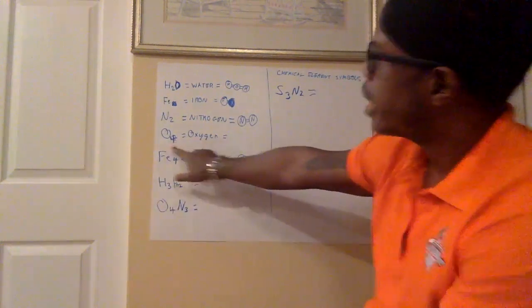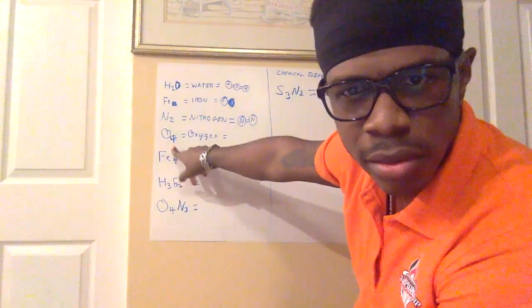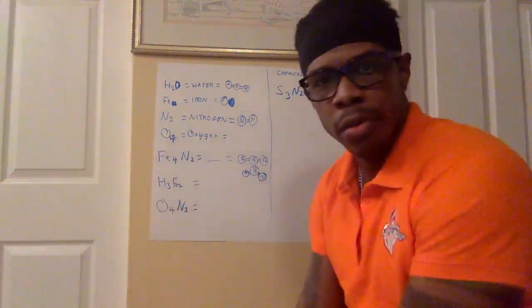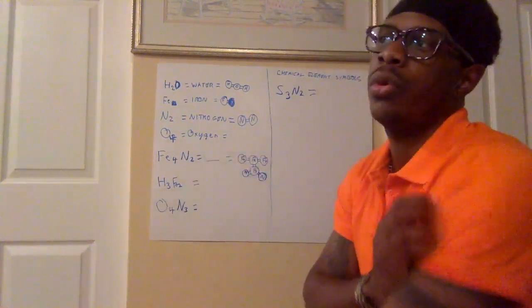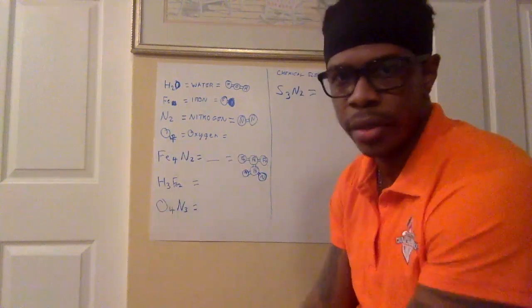So let's say I had O4. This is the number 4. It might not come out the best, but this means O, which is oxygen, and the number 4. How would O4 look? Feel free to pause if you want to and draw it out.